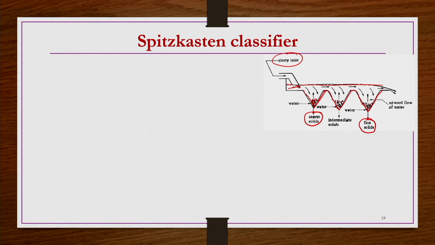The additional thing here is a provision for a water inlet at the bottom of each cone, and this water is allowed to flow up so that the particles settle as required. This upward flow of water is provided so that the separation is done efficiently, and almost clear fluid is taken from the top.